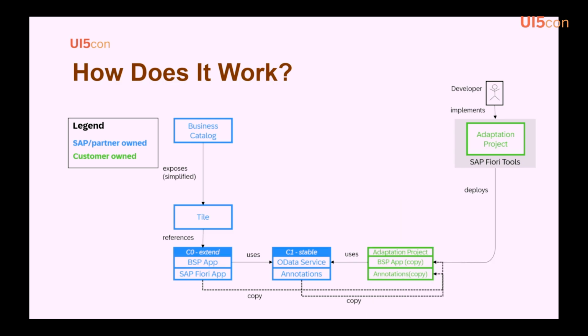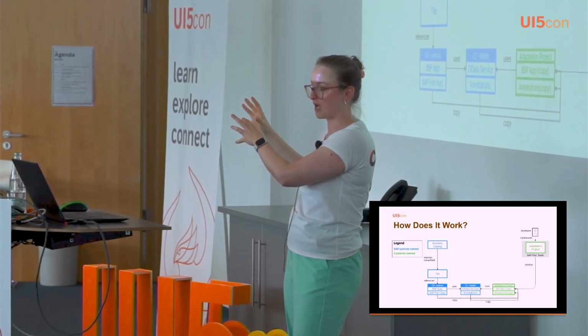When you create an adaptation project in the cloud, during the build step of this adaptation project, we copy the sources of the UI completely and also of the OData annotations, and in the end create a new decoupled, kind of frozen in time application variant out of it.